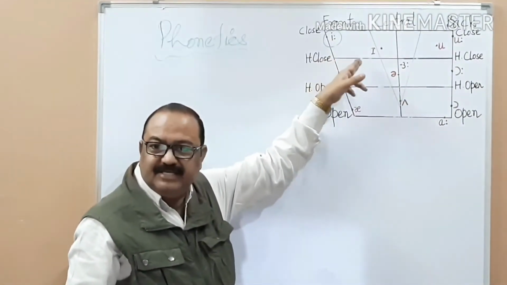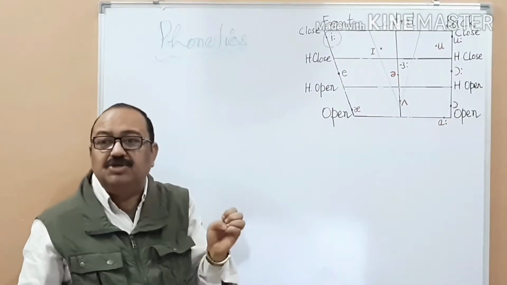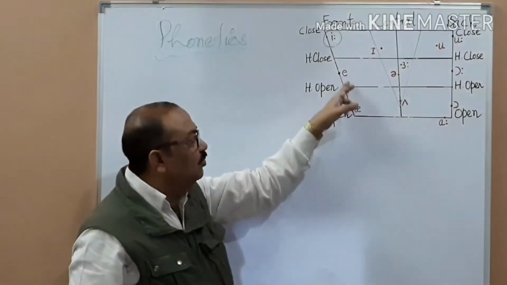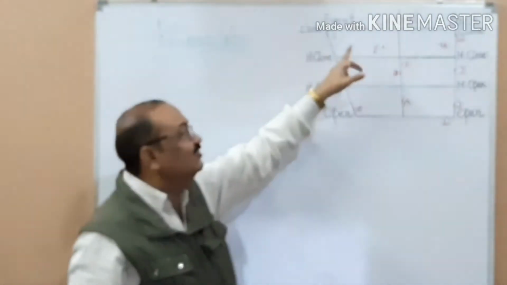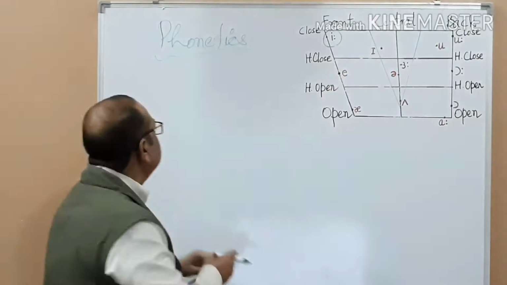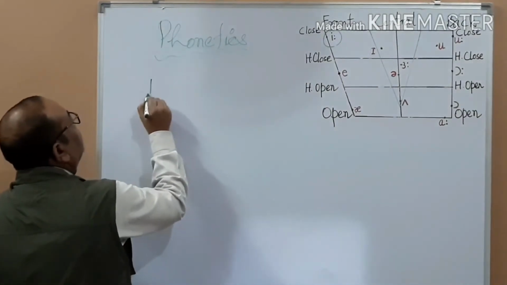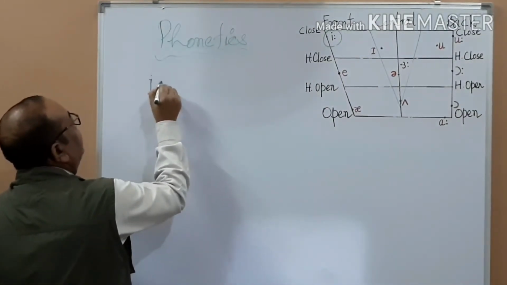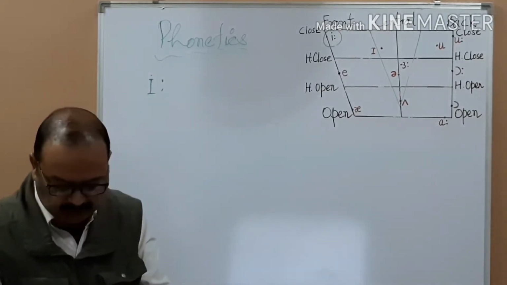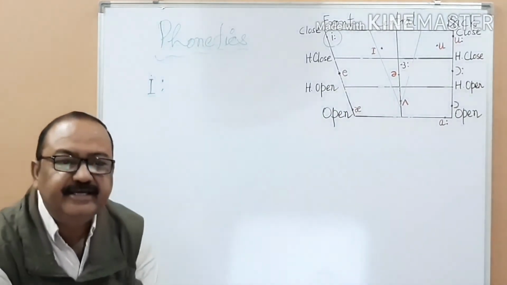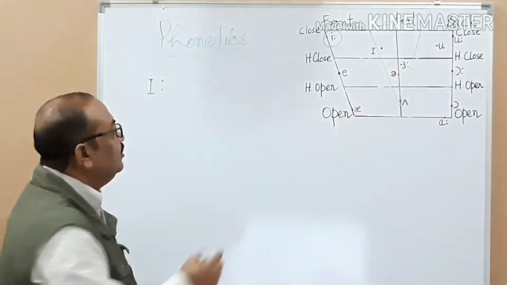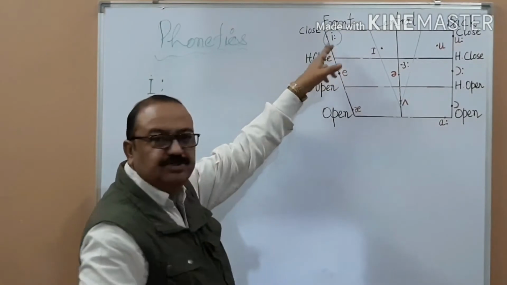So what does that mean? That means they are prolonged vowels. These are all short vowels, and these are the prolonged ones. So this is i:. I'm writing. So what is i:? It is a front close unrounded vowel. Why?